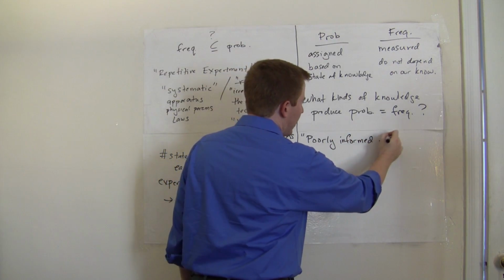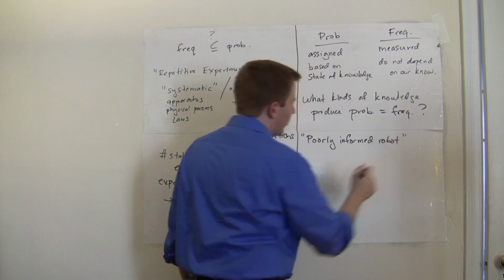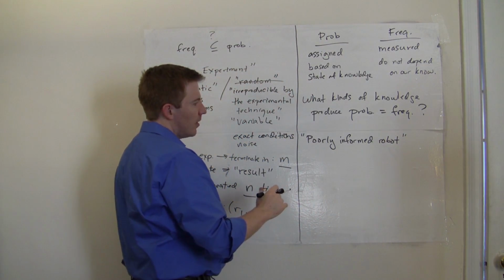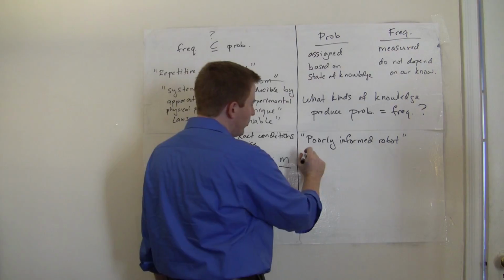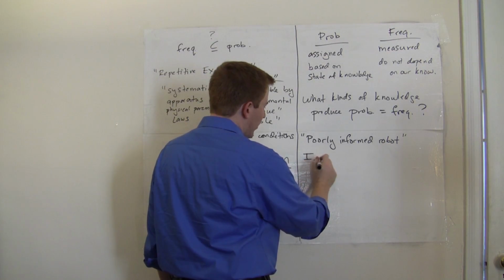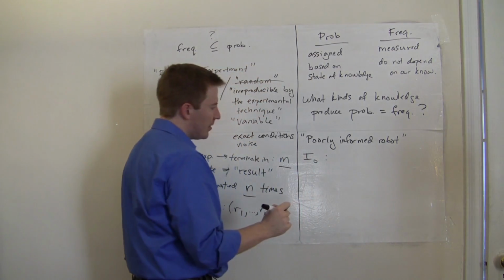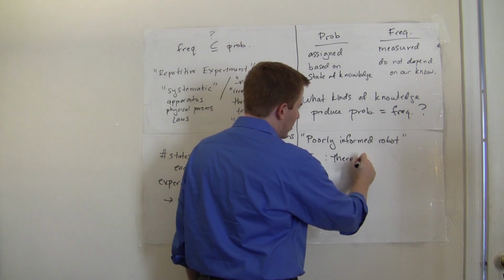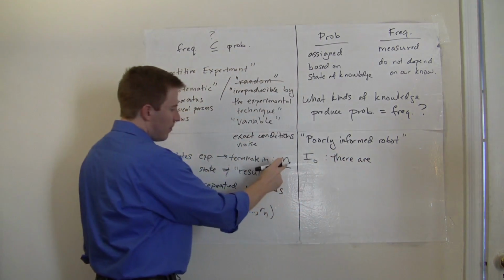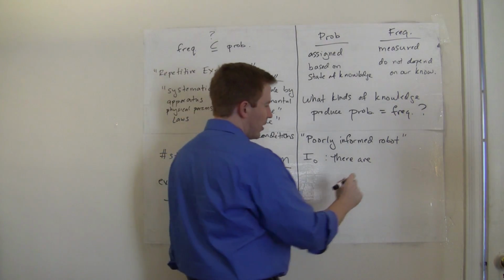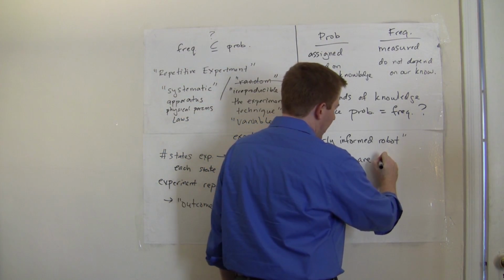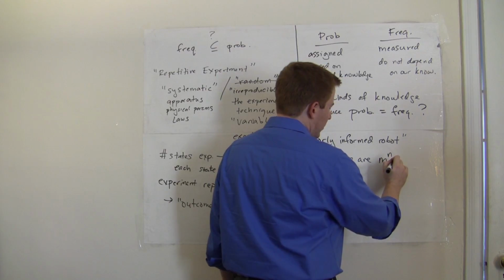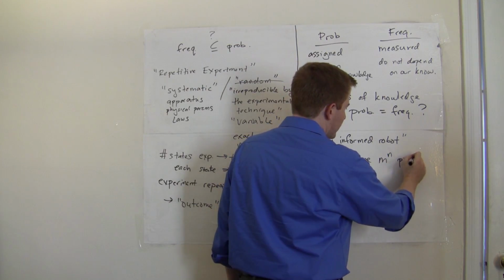This is the probability robot that only has the background information, which we'll call I0, that there are m states and n iterations. So basically, there are m to the n possible outcomes.